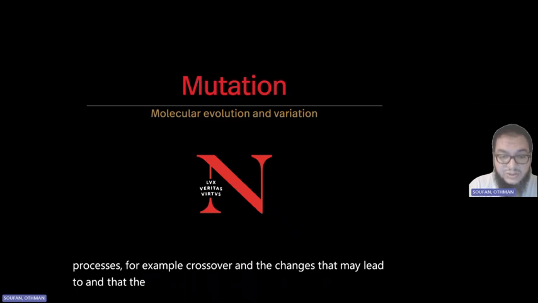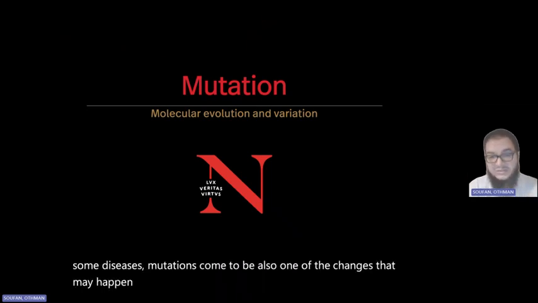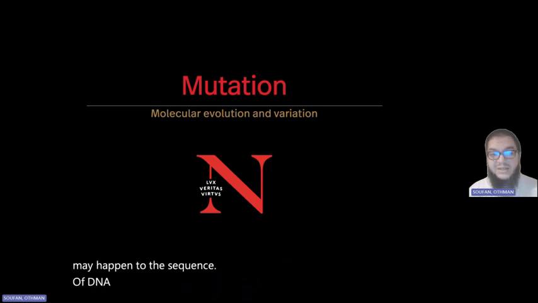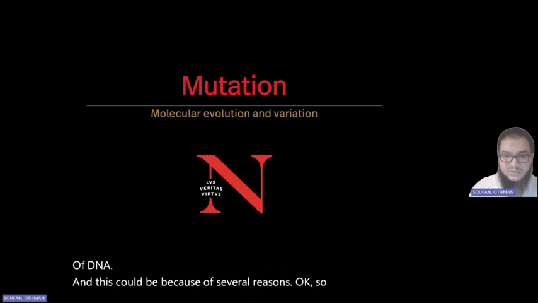If there are issues in cell division, we may see some diseases. Mutations are also one of the changes that may happen to the sequence of DNA. This could be because of several reasons.